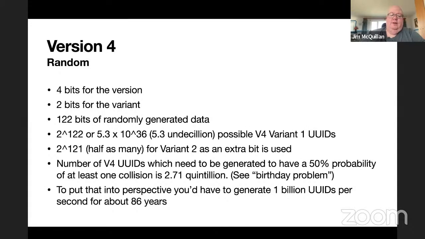It's a lot of zeros after 271. So it takes an awful lot of these things in order to find a collision. To put it in perspective, you'd have to generate 1 billion UUIDs per second for about 86 years before you stood a 50-50 chance of hitting a collision.